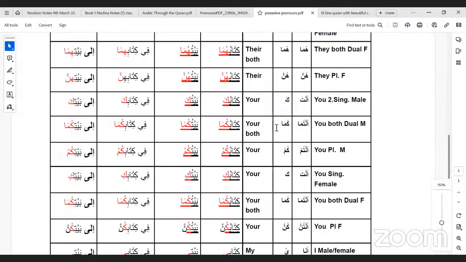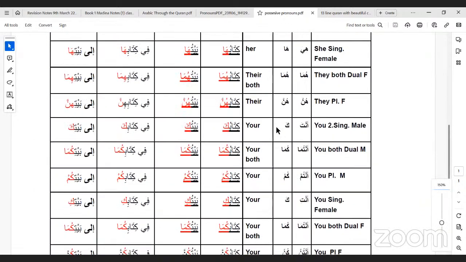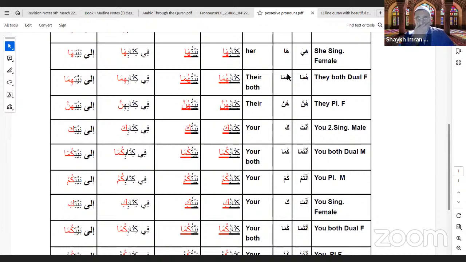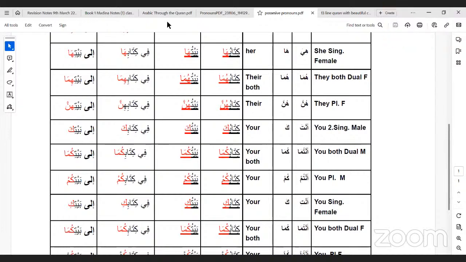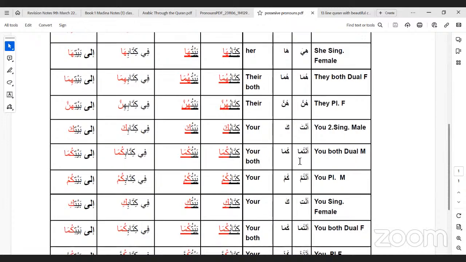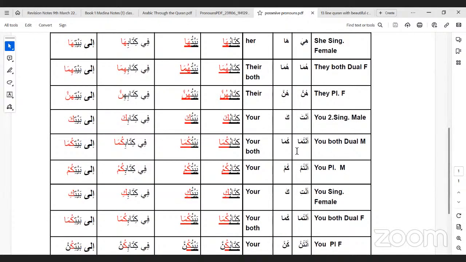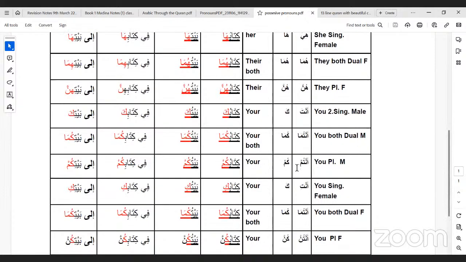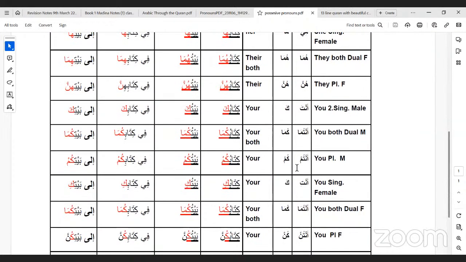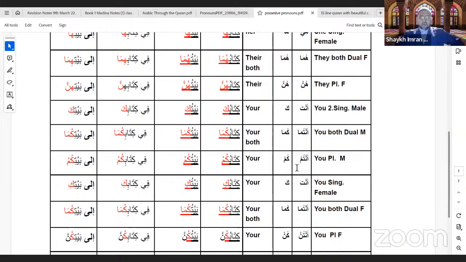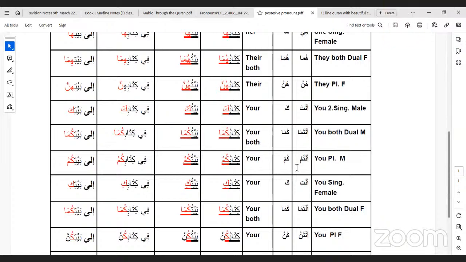Bismillah, continue. Sorry, where are we at? Here, hiya is for singular female. Huma is for the dual female. Hunna is for the plural female, more than two. Anta is for the second person male, single. And then antuma would be for dual male in the second person. And then antum would be more than two males in the second person.